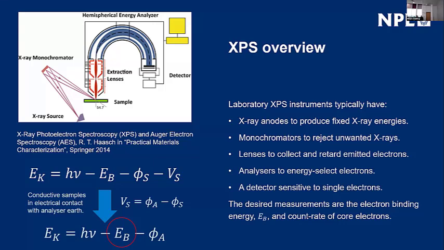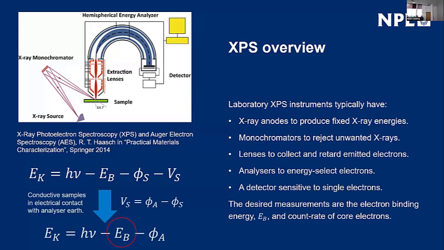Now, most people want to get this value, EB, what I call EB, it's the binding energy of electrons. So I've written the equation in a slightly controversial format, and I'll come back to this later on. So what you're actually measuring is the kinetic energy of the electrons, which I call EK.